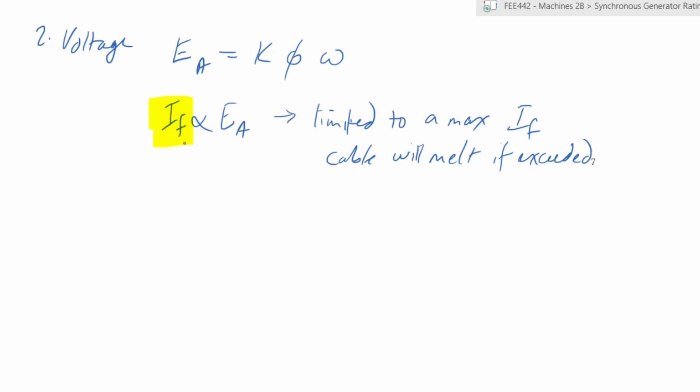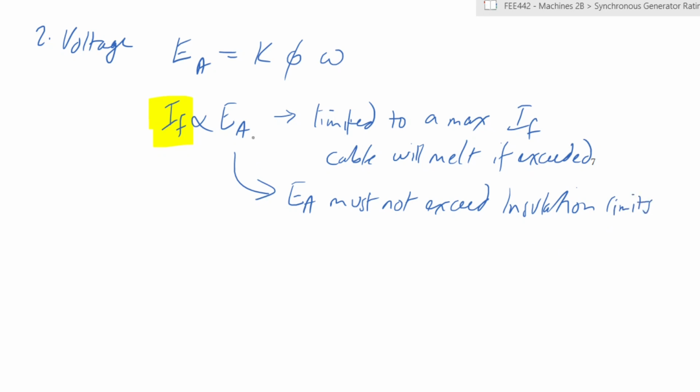In addition to that, the voltage itself has a limit, in that the value of the voltage must not exceed the limits of the insulation within the windings of your armature. So E_A must not exceed insulation limits.